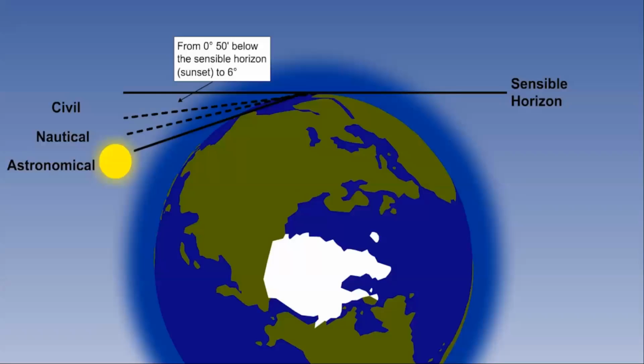However, before sunrise and after sunset, there is a period when it is still light enough for everyday tasks, including landing and taking off from an airfield without lighting. This period is known as civil twilight. There are also periods of nautical twilight and astronomical twilight, but these need not concern us as aviators.